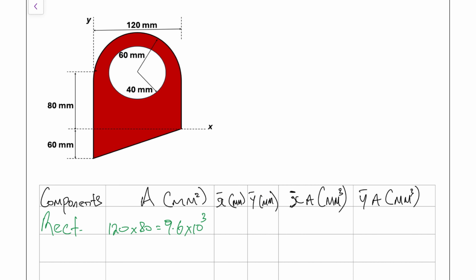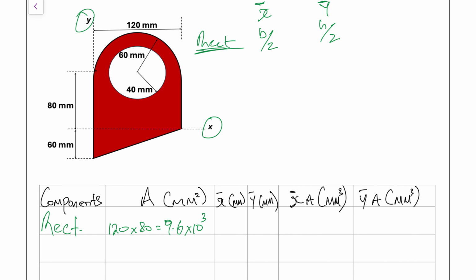Now to get the X bar, Y bar, that's going to be based off of our axis. And we have our axis located, so you can see I've circled the Y axis there. I've circled the X axis there. And the X bar, Y bar for the rectangle is just simply base divided by 2 and height divided by 2.